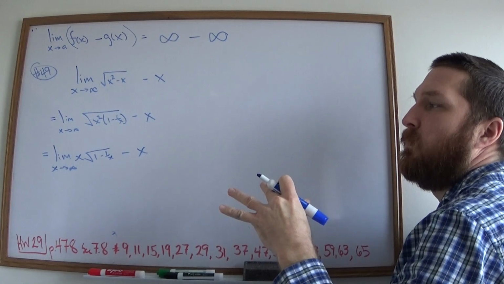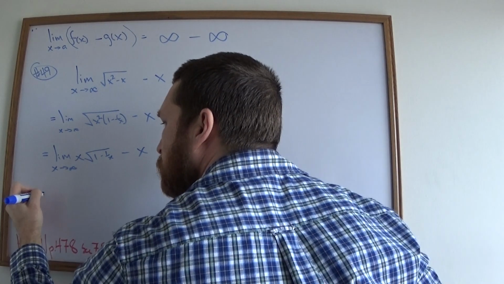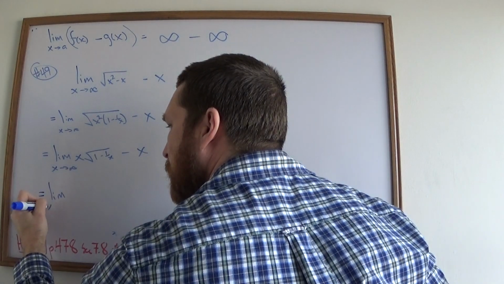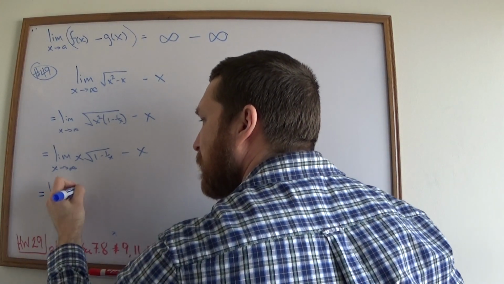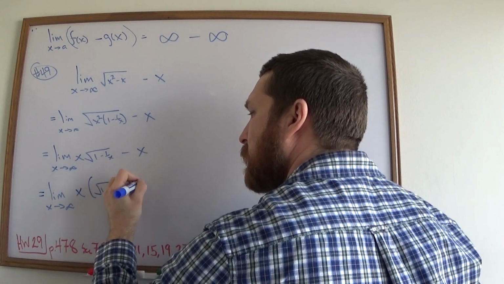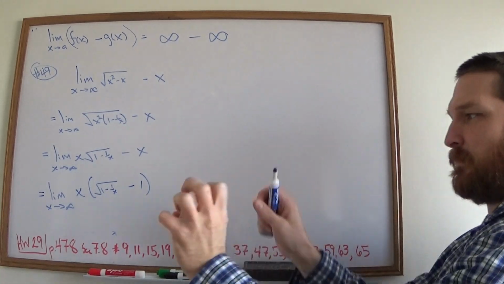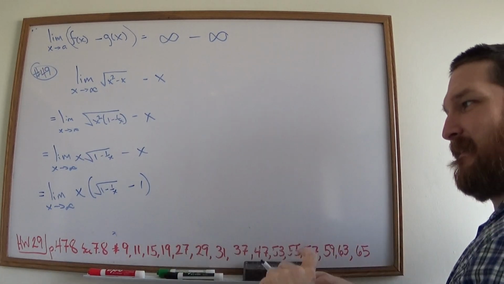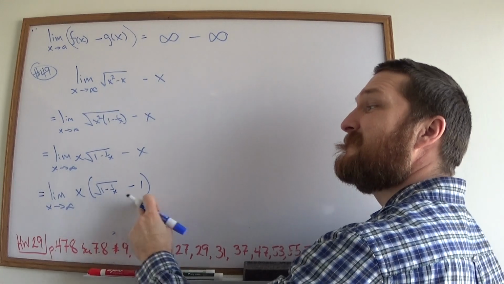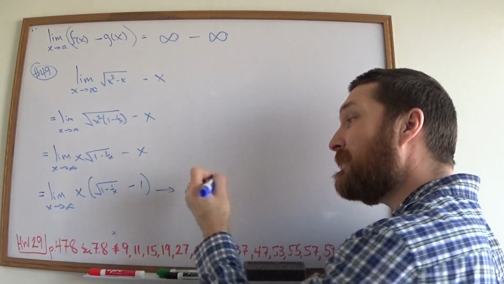And now I have an x in both of these, so I can pull it out. Limit as x goes to infinity of x times root 1 minus 1 over x minus 1. Now what does that go to? Infinity times 0.